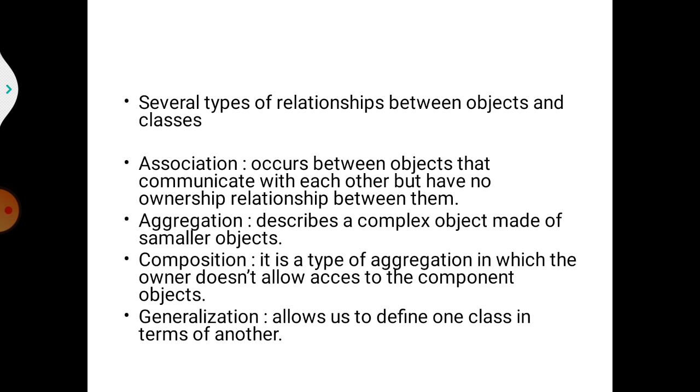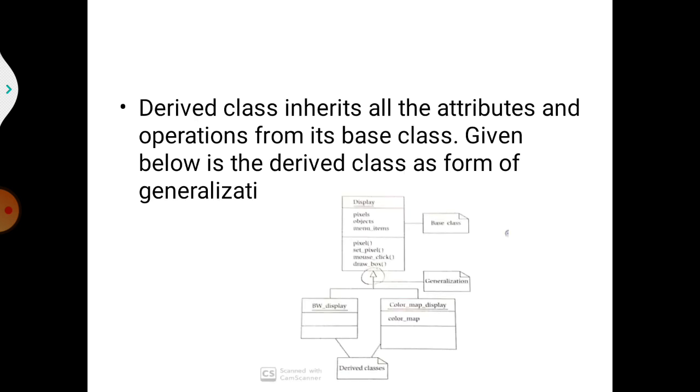Generalization allows us to define one class in terms of another. We have an example here. It is a derived class as a form of generalization in UML. The generalization symbol is shown in the figure. It's like an arrow mark which is not colored.